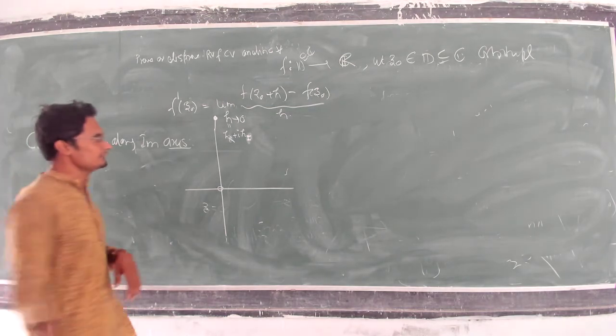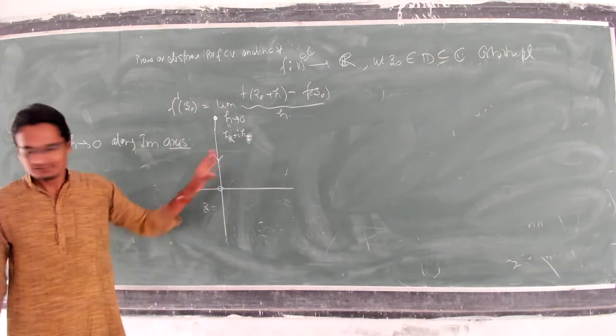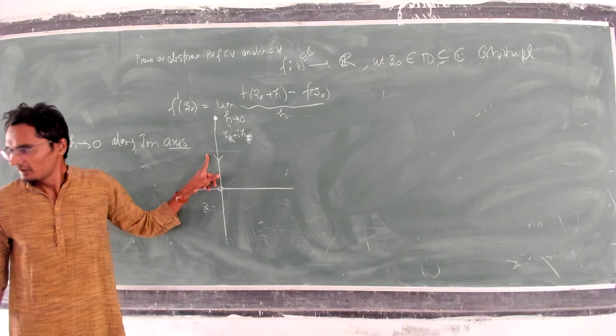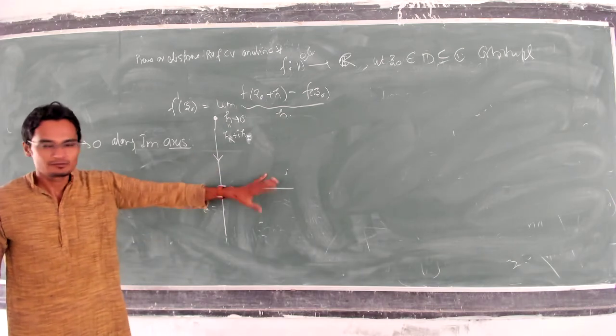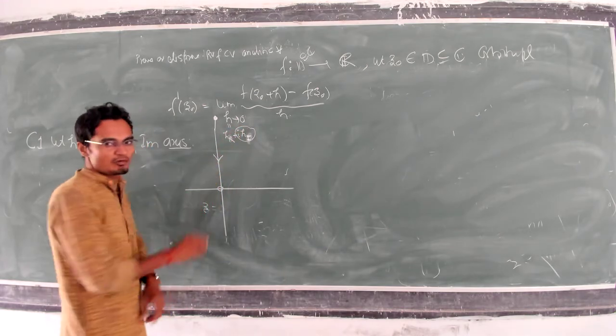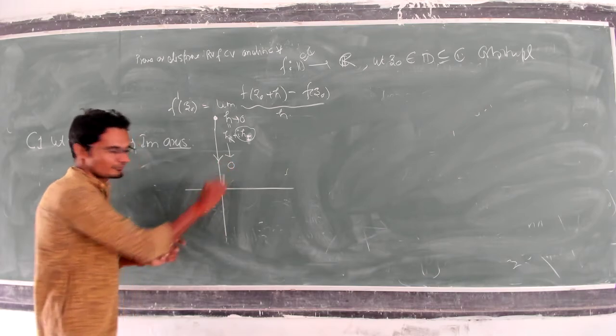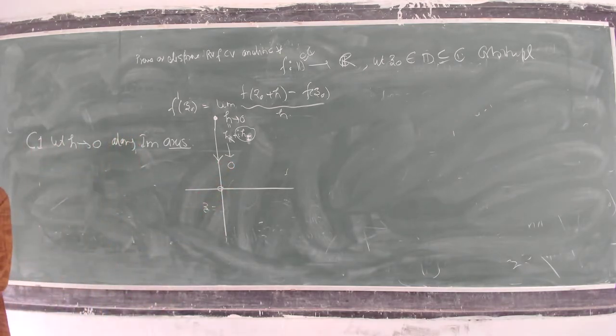If you are here, this is coming to the 0, on this axis the real part will be 0. You are on the imaginary axis, meaning this part is 0. So h tending to 0 means hR tending to 0. The other part is automatically 0.